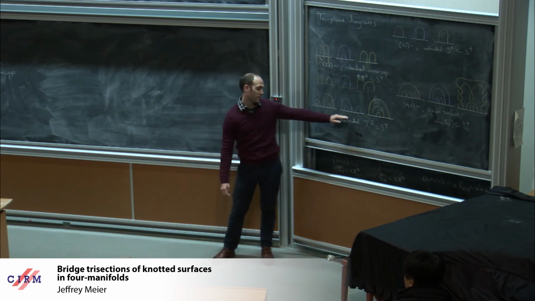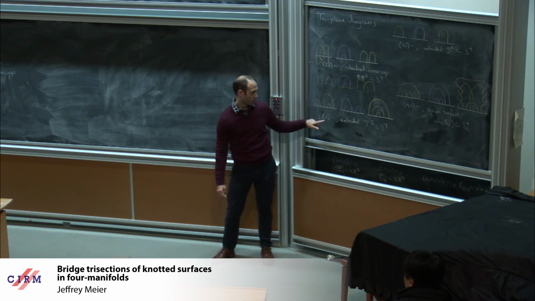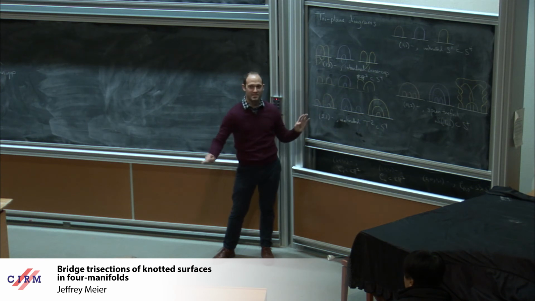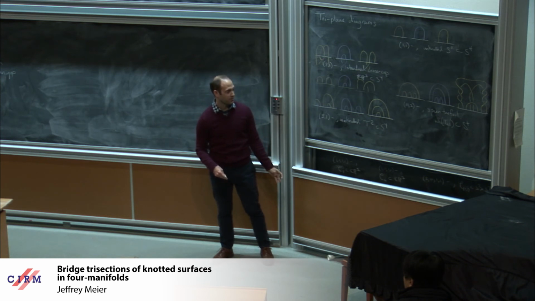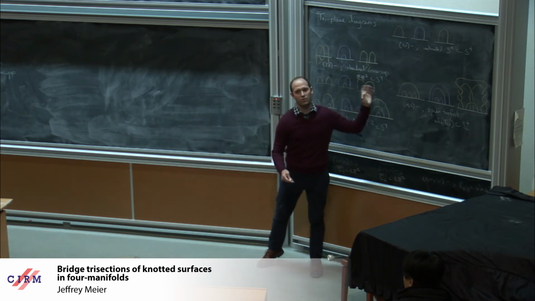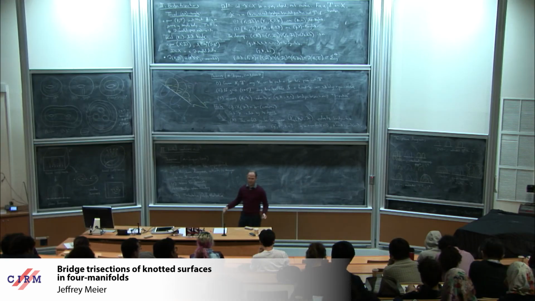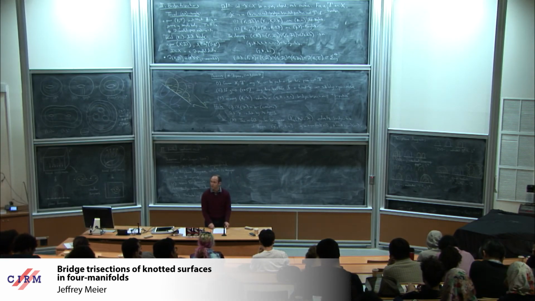So we have proved that this is the only irreducible 3-bridge trisection, but the proof has nothing to do with tangles or surfaces or anything. It's very opaque how we actually get to this result. So it would be interesting to have a direct proof of this. And then I should say there's some analog where we can produce lots of different surfaces with unbounded bridge number as we go up.